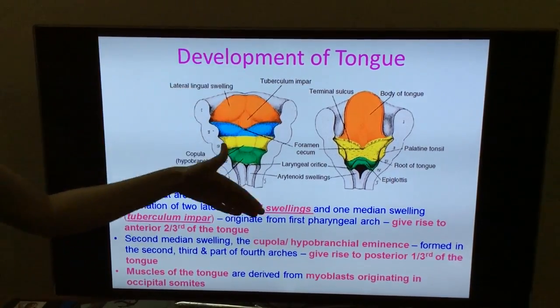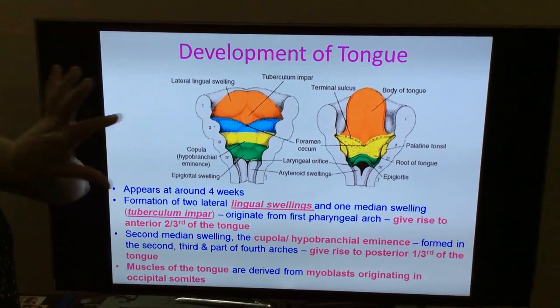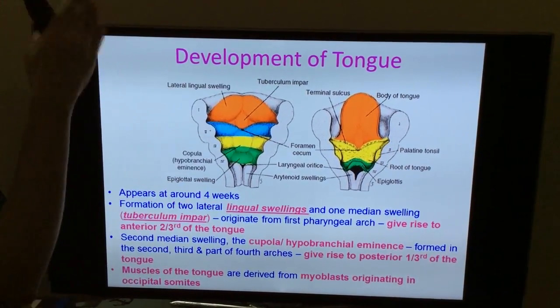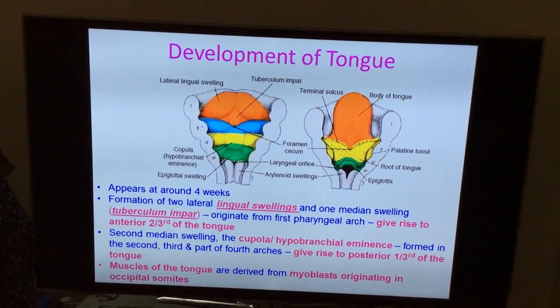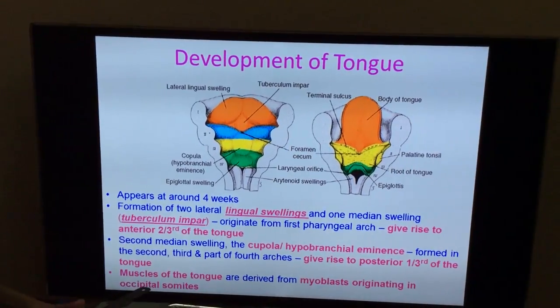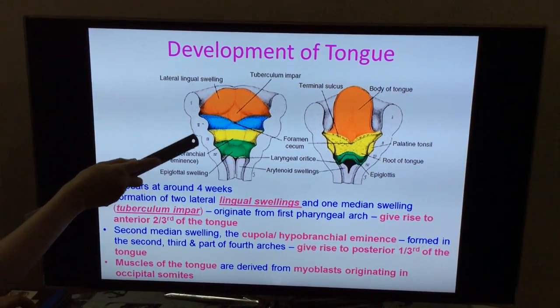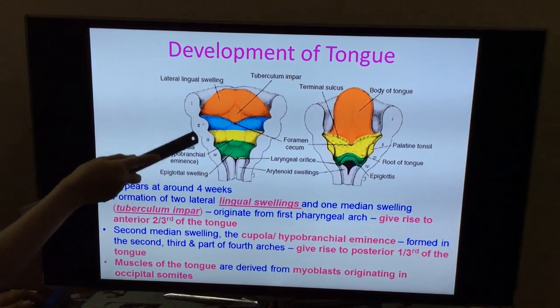So here the section has been taken at the level of the pharyngeal arches, and you are seeing it from the front. These are the arches. As I told you earlier, pharyngeal arches are 6 in number, and one by one they appear on either side of the developing neck region.